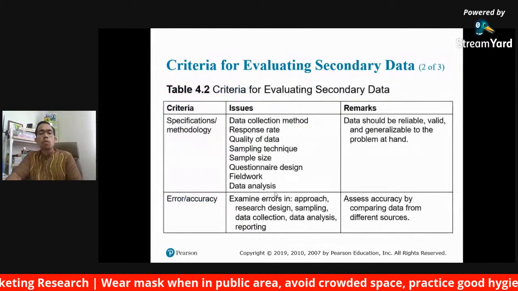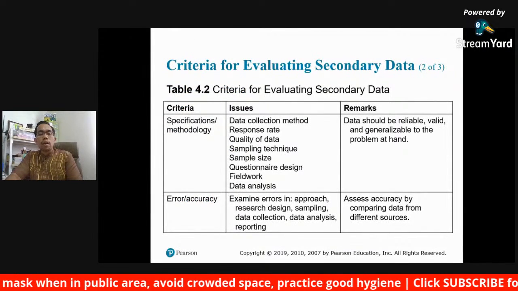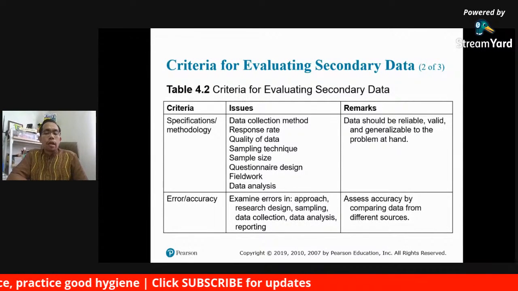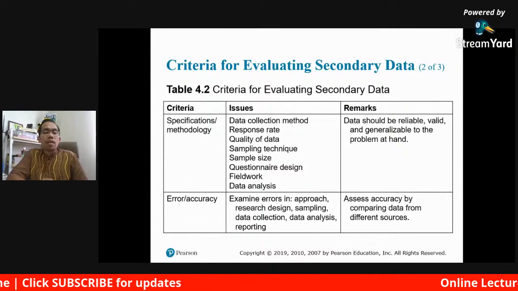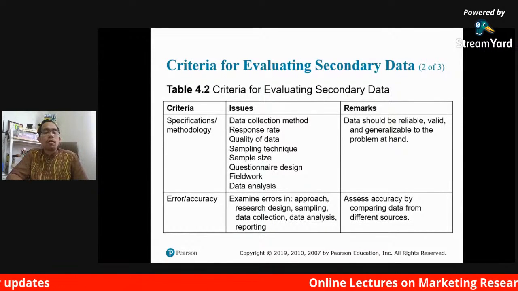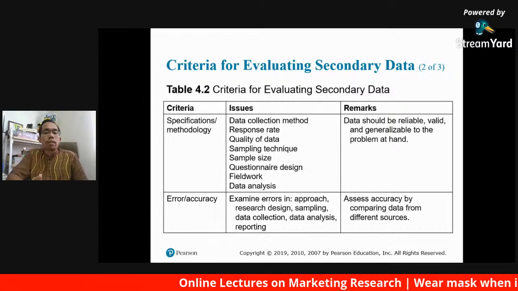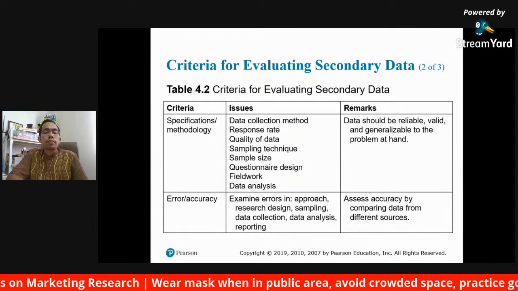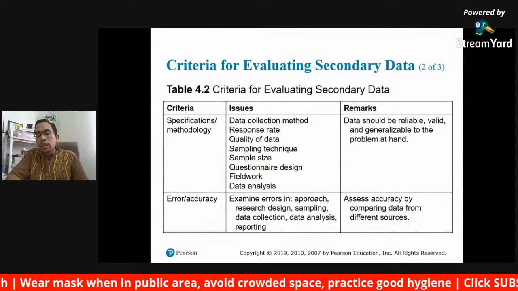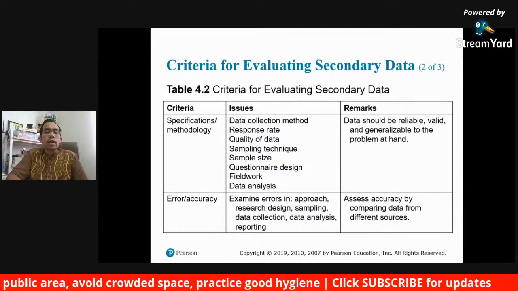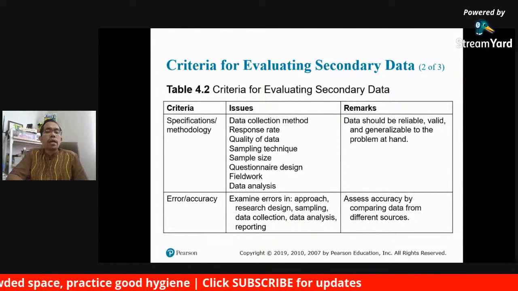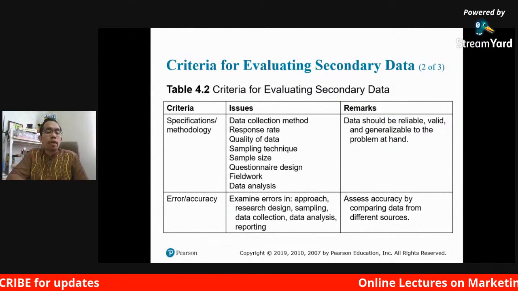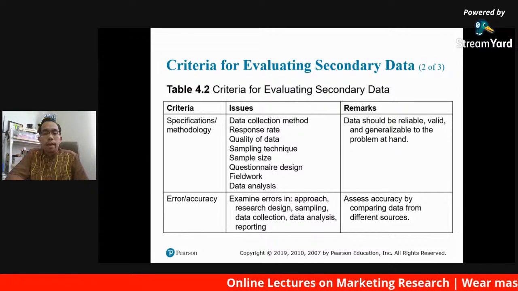So we go one by one. This is certain issues highlighted for every single criterion. For example, specification: the data collection method, response rate, quality of data, sampling technique, fieldwork, data analysis. What we are trying to make sure is that the data is reliable, valid, and generalizable.